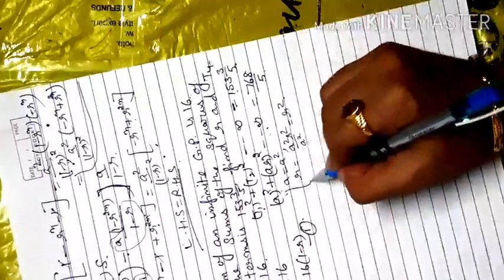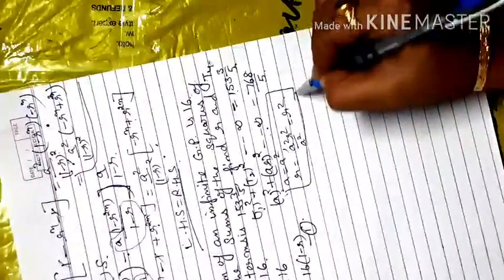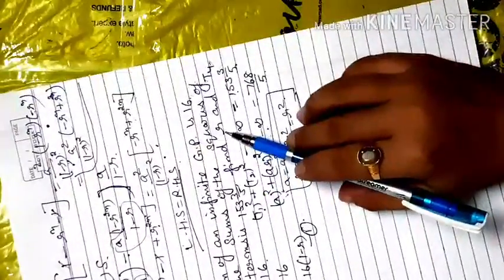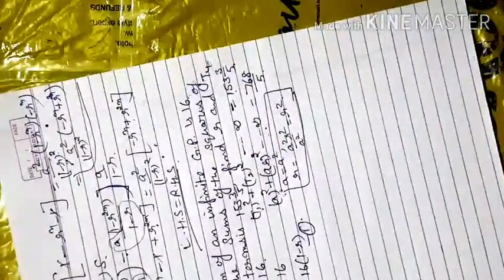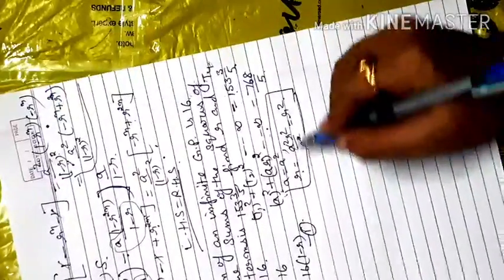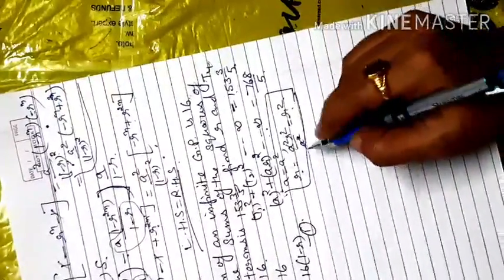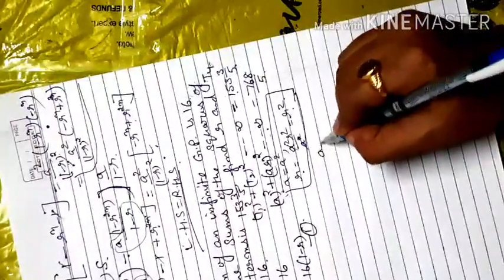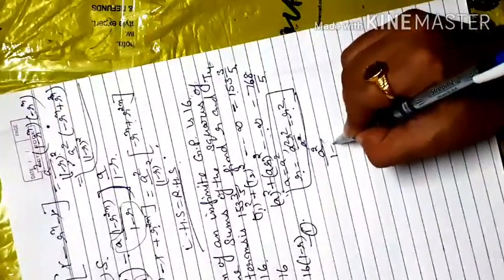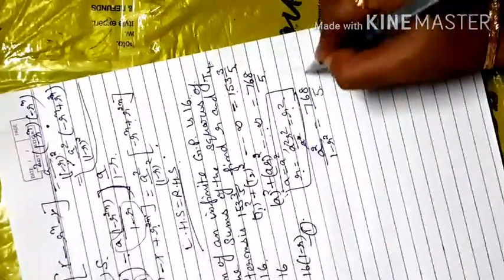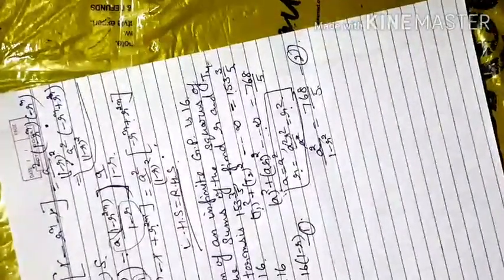That is the first term and the common ratio of this series, because in this question you have to find the r value and term 4. So a square will be cancelled, means common ratio is equal to r square. When you apply the sum of infinite series formula, a upon 1 minus r, in place of a there is a square and in place of r there is r square, equal to 768/5. So this is equation number 2.